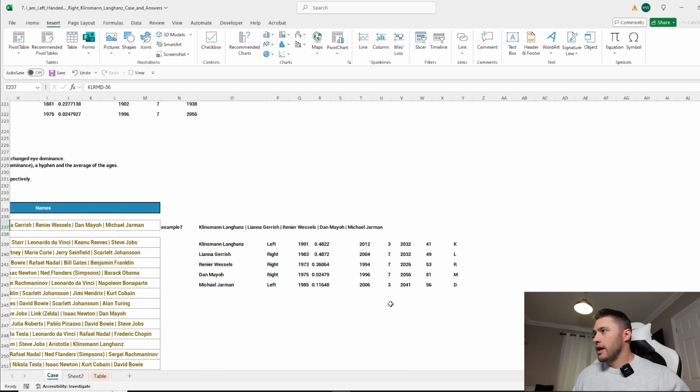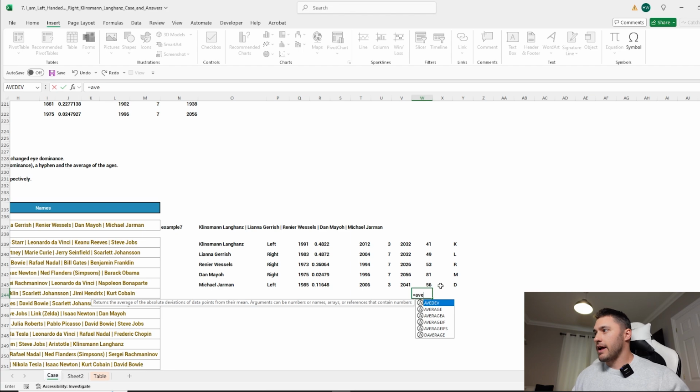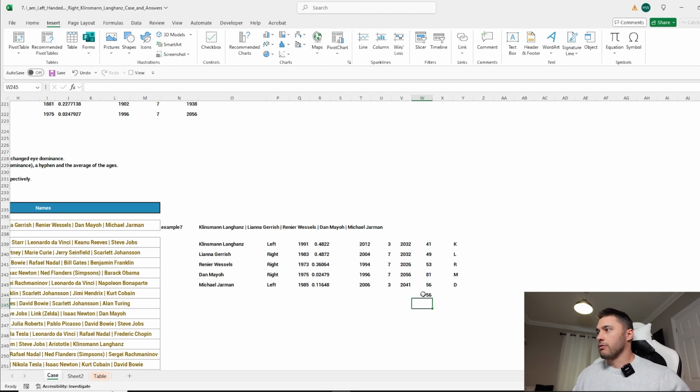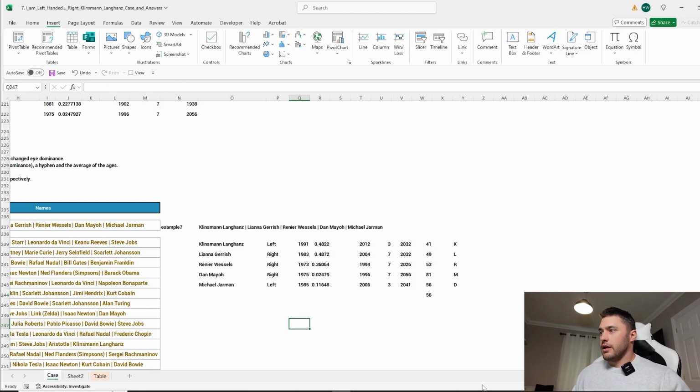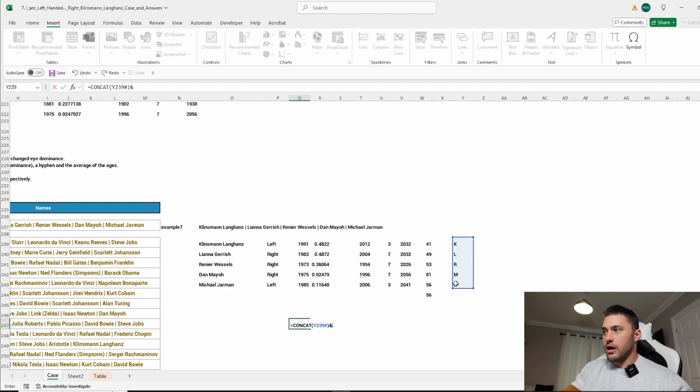So we have KLRMD, that's right, and then we want the average of their ages rounded up, so let's do equals average of their ages, and we want to round that up, so let's say round up to 0 digits, and the final answer is going to be concatenate all of their initials and a dash and the average of their ages.